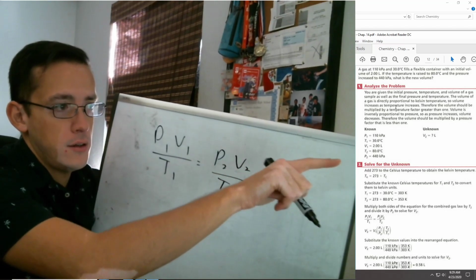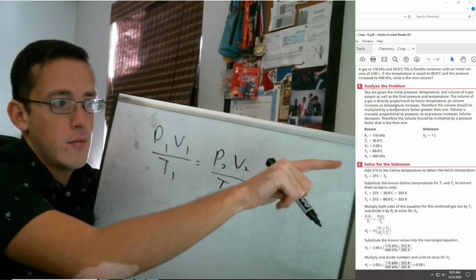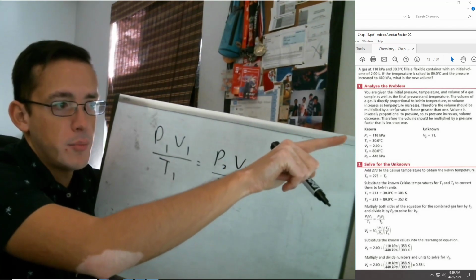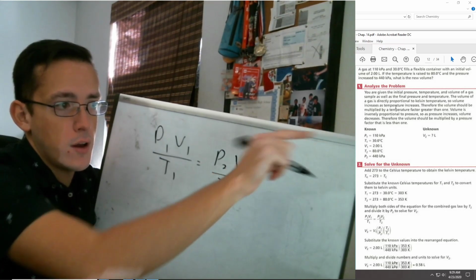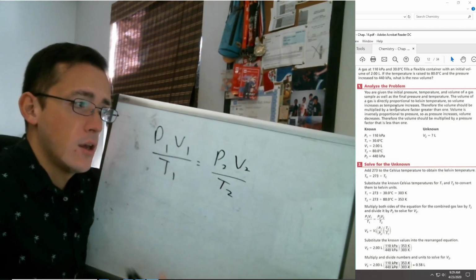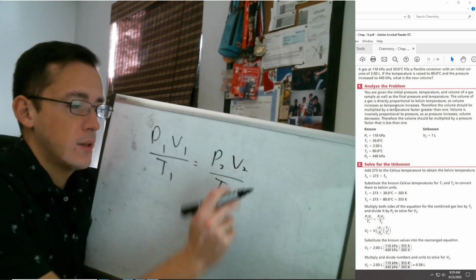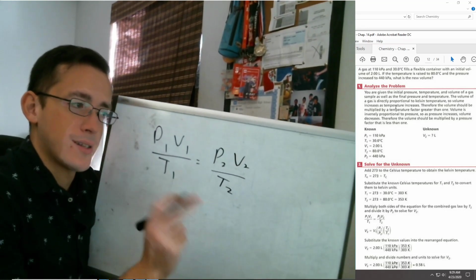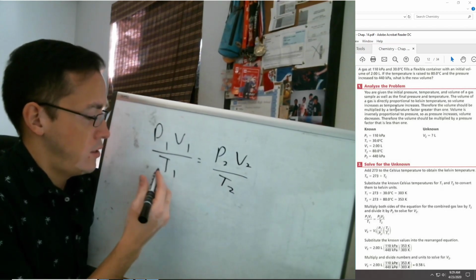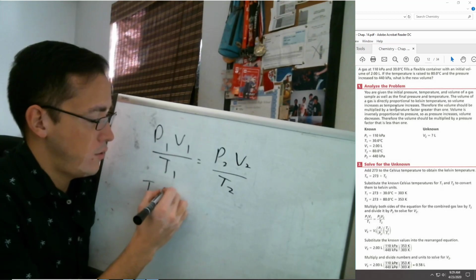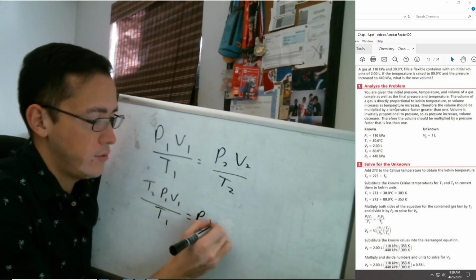You'll see here that all of the given information is right there, so I'm not going to rewrite that. All the initial P1, T1, V1, and then the T2 and P2. And on the far end, we don't know what our second volume is. That's the thing we're trying to find, so we're going to isolate that. The first step is to multiply everything by T2, so we get T2 P1 V1 over T1 equals P2 V2.